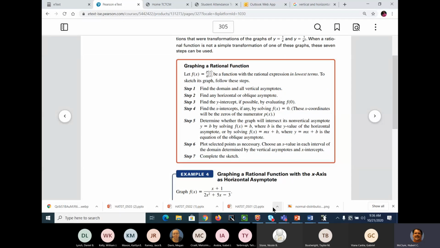And that's going to be f of x is equal to x plus 1 over 2x squared plus 5x minus 3.